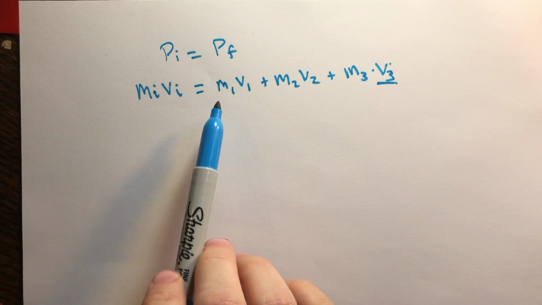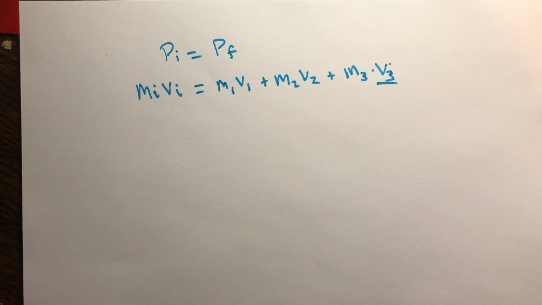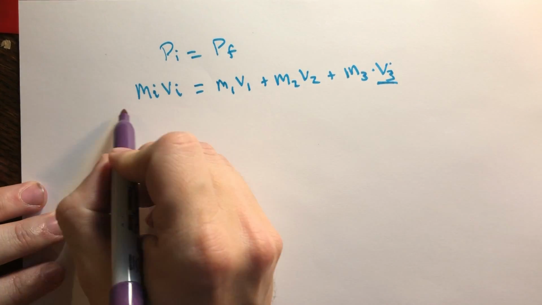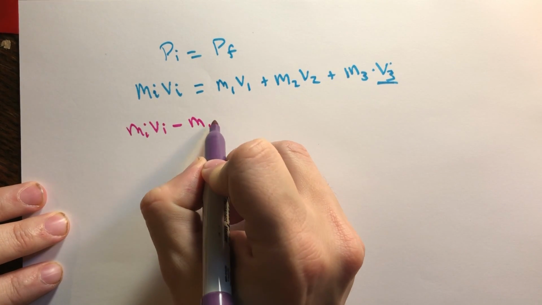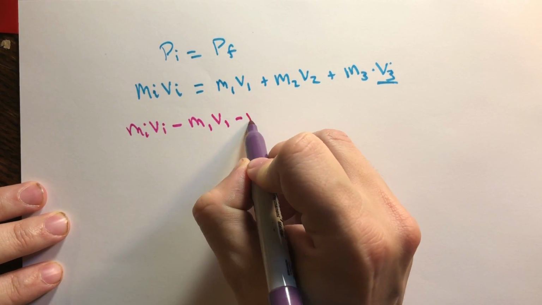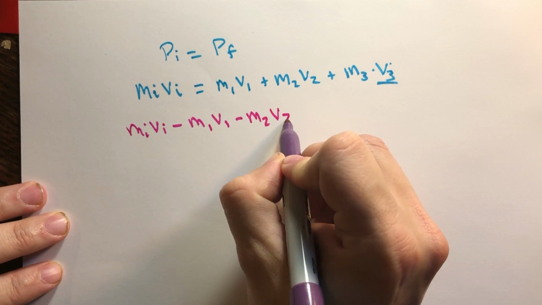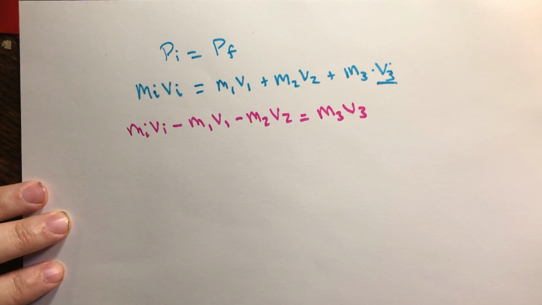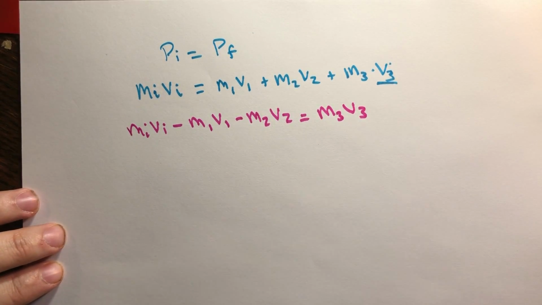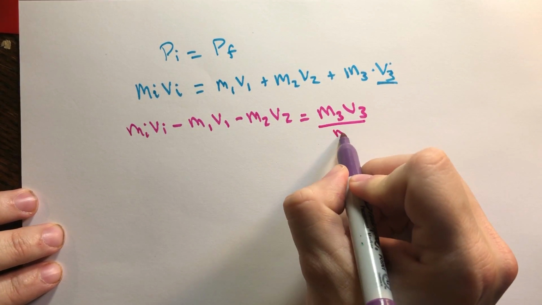First thing we want to do is subtract both of these to the other side. So we get initial mass times velocity minus mass of the first one times its velocity minus mass of the second one times its velocity, and we're just left with third mass times its velocity by itself.